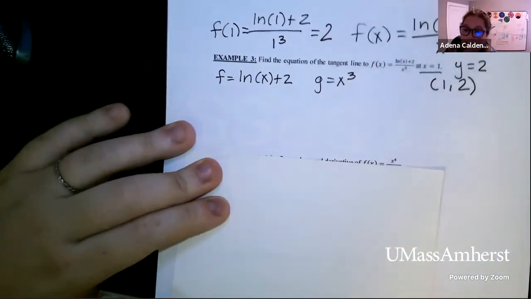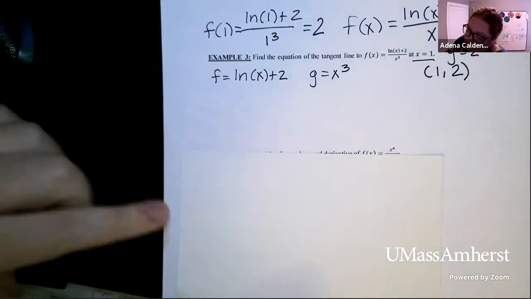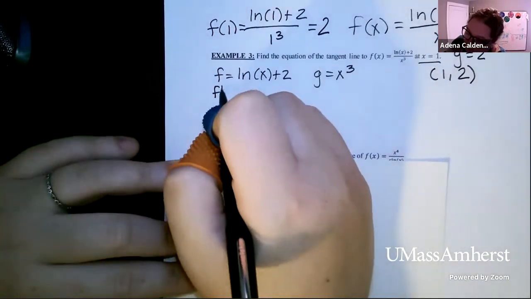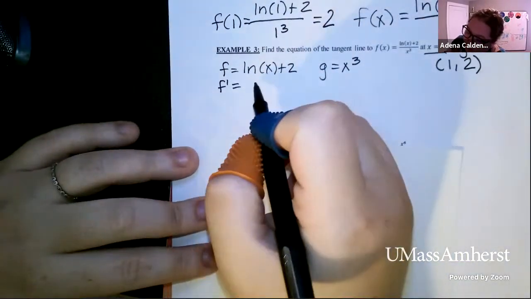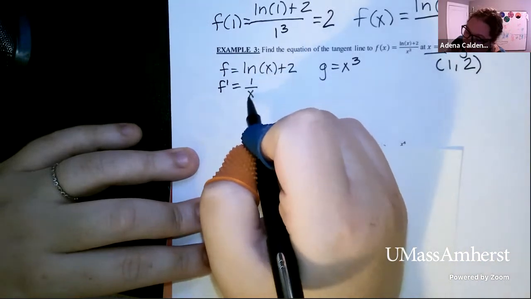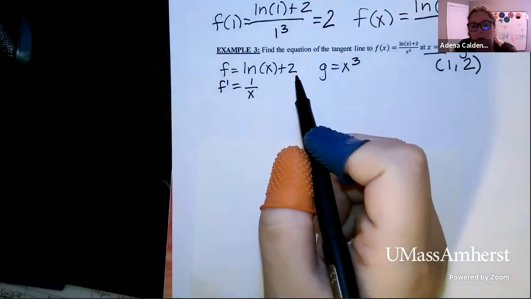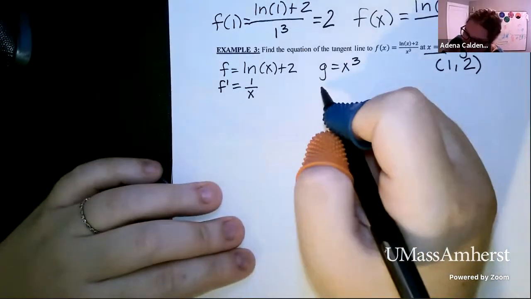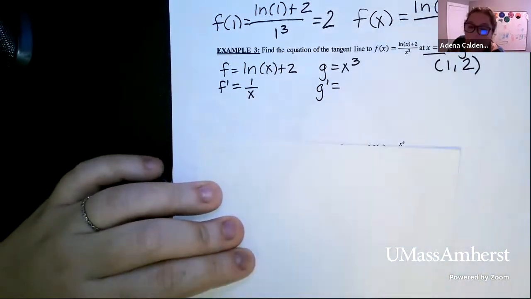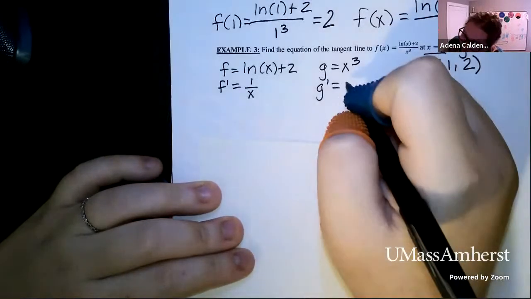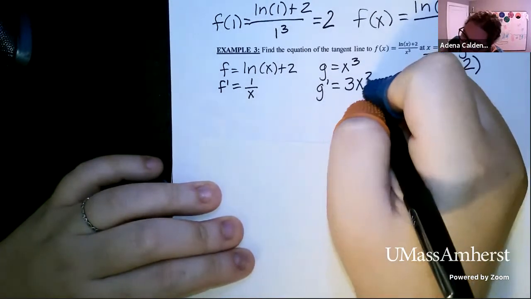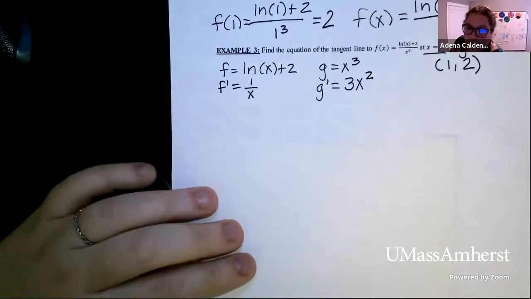We separate those out. Now we want to find each of their respective derivatives. So here the derivative of the natural log is 1 over x, and the derivative of 2 is 0 because 2 is a constant. So now here the derivative of x cubed, we get 3x squared.